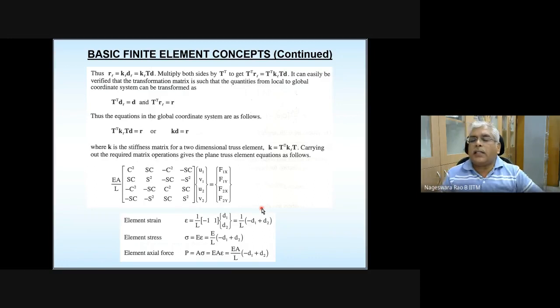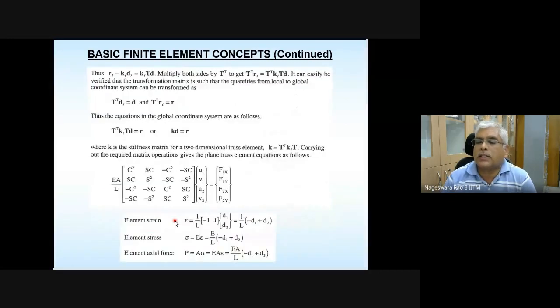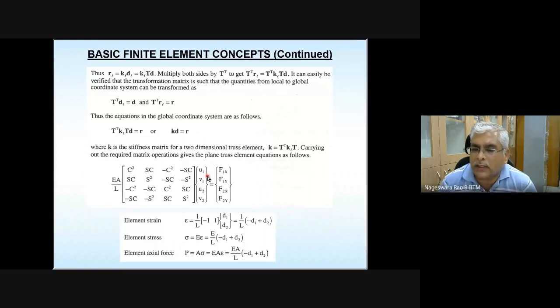So the 2 by 2 equation you had written, when you see it in the global coordinate system, which is a 2-dimensional global coordinate system, that's why it's written 2D trusses. If you include the third coordinate, how it transforms, we'll see once you understand this. So this is the global equation system for a bar element in the 2-dimensional case, or a plane truss element.